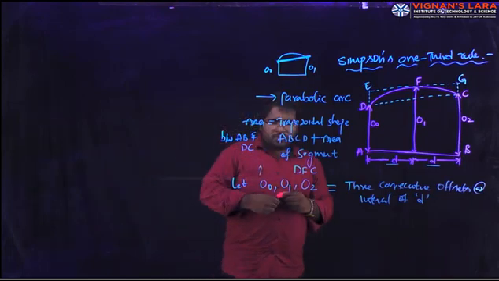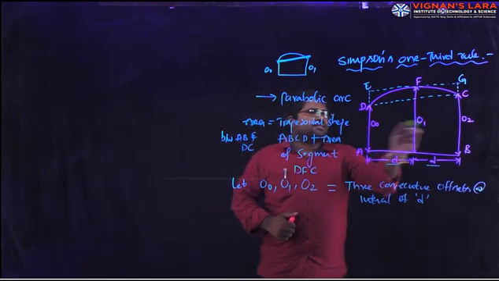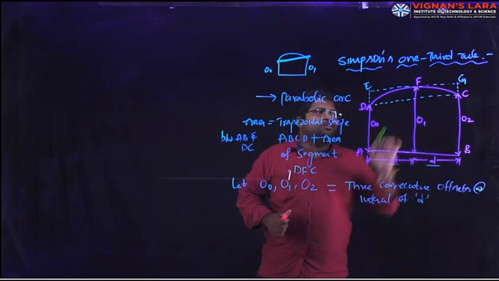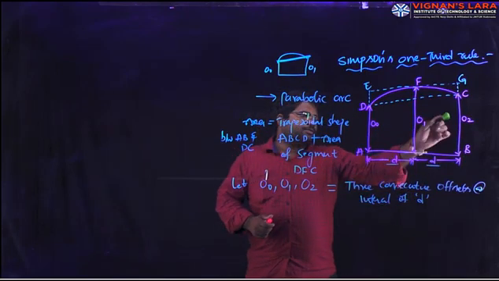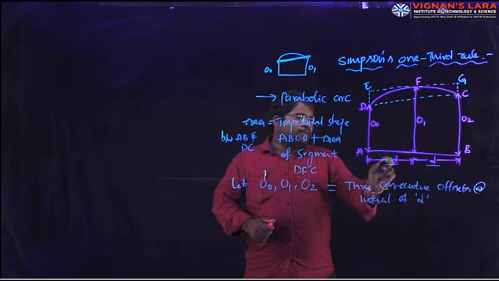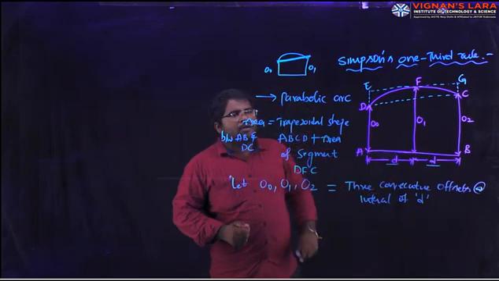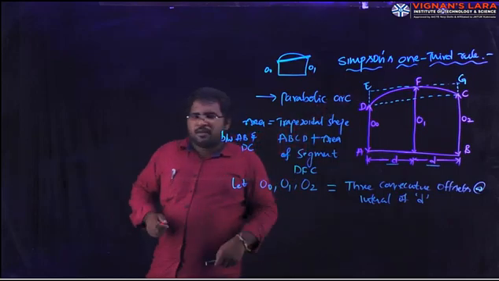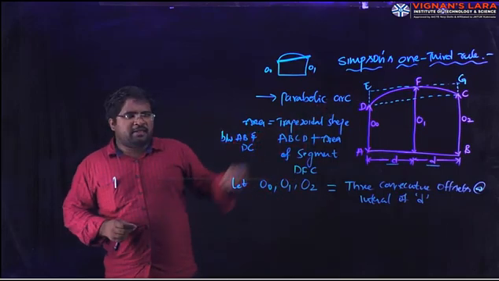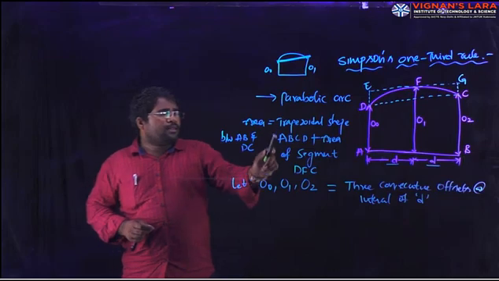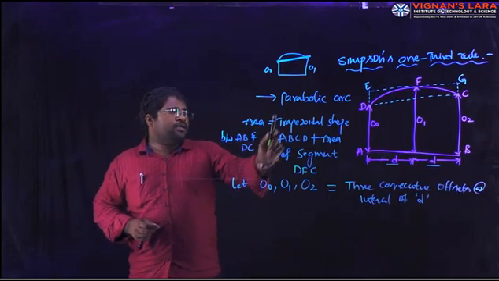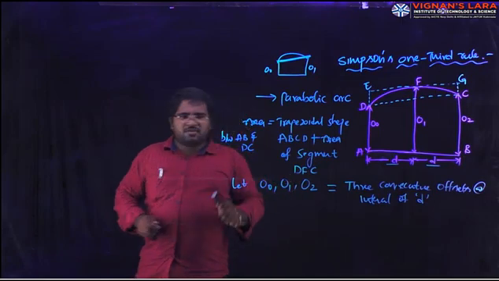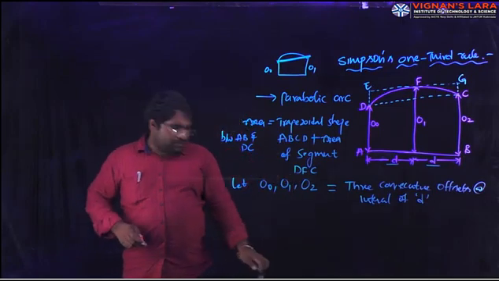Okay, so these are the ordinates O0, O1, O2, three consecutive offsets at an interval of d. Now we need to calculate the area of that uneven boundary area. The area is equal to the trapezoidal shape ABCD plus the area of segment DFC. Let us find how to do these two things.